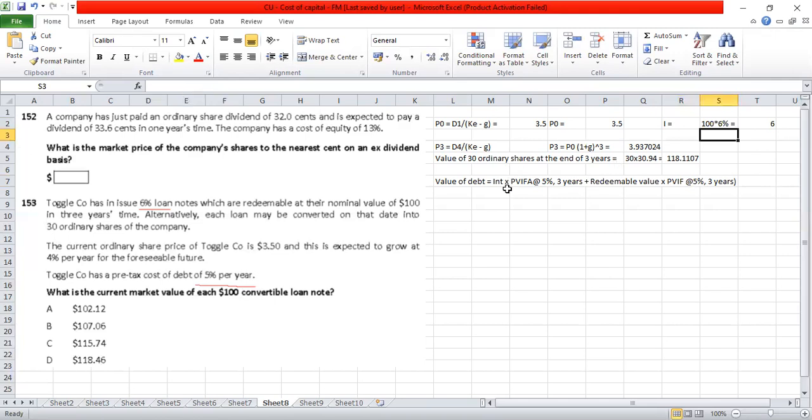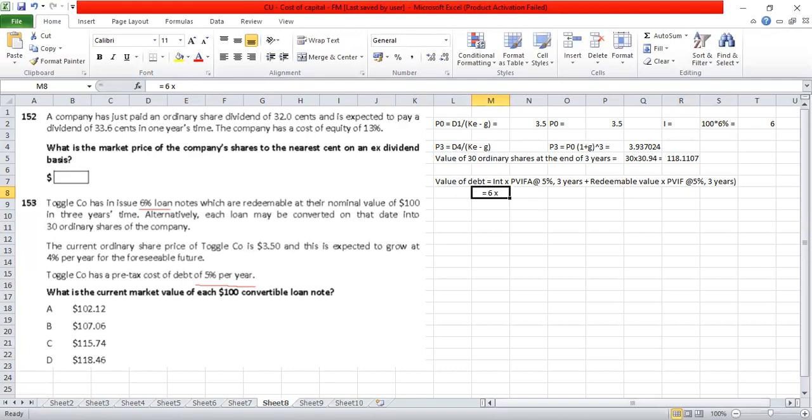Can you tell me what is the present value interest factor of, if you have table values with you, please pick out the value from the table values. Otherwise, use your calculator and tell me what it is at 5% for a 3 year annuity. 2.723. You have picked it out from the table values.